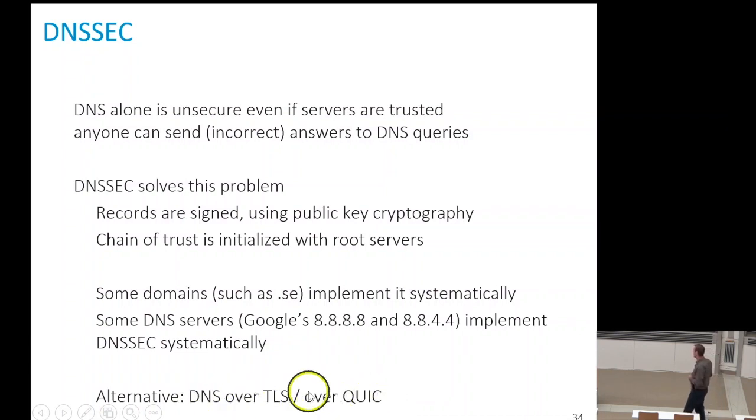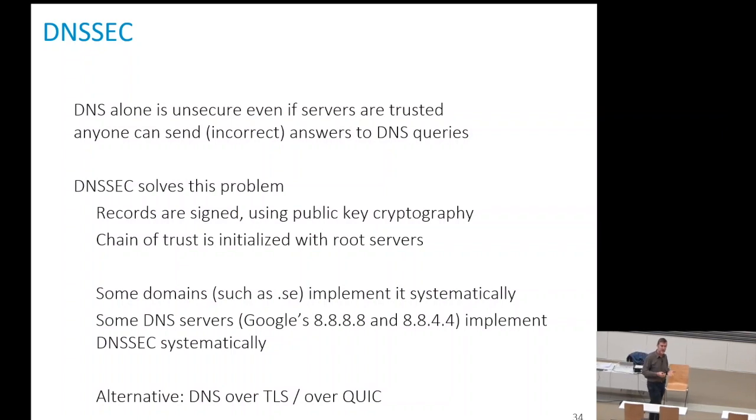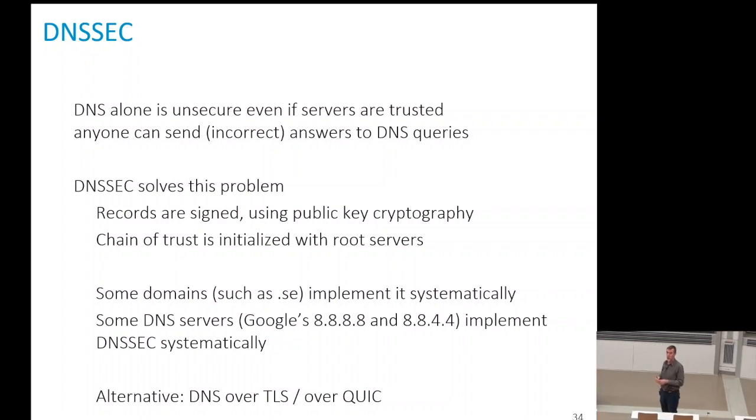One is, for example, to access the DNS not using the DNS protocol natively, which uses UDP and its own mechanism without relying on TCP, for example, but to use TLS, which is TCP plus security, authentication and encryption, or QUIC, which does the same thing without the drawbacks of head-of-line blocking of TCP.